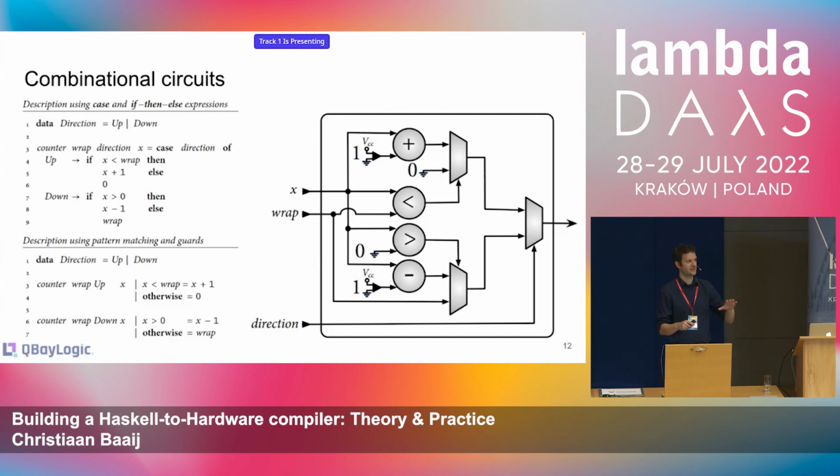What's really important here is that in this case expression, the alternatives are going to be translated to circuit, and they are going to be there simultaneously. So the circuit is going to evaluate basically both sides of the case expression concurrently. Then based on, let's say, the value of direction, we're going to choose one of those alternatives.